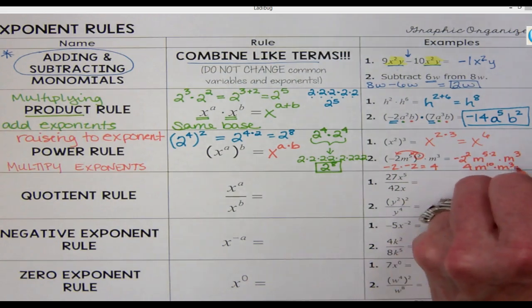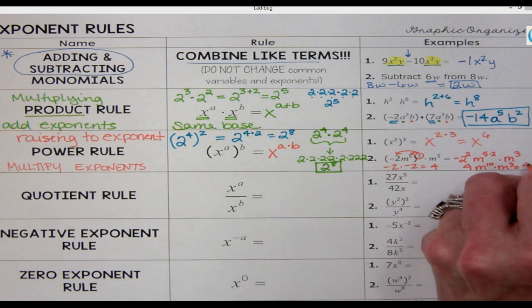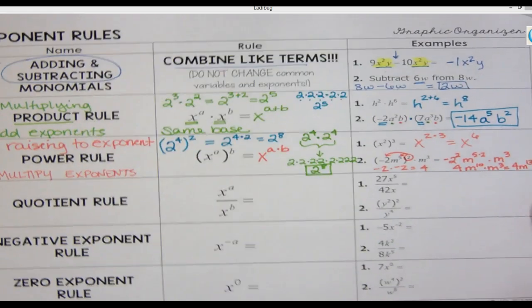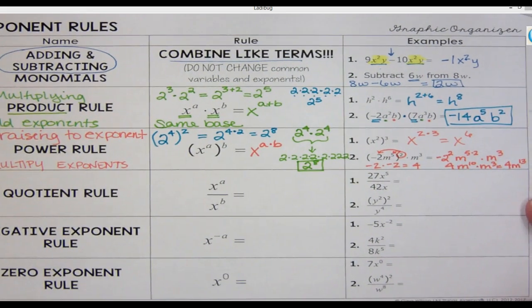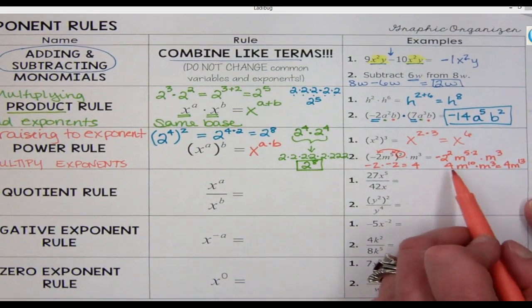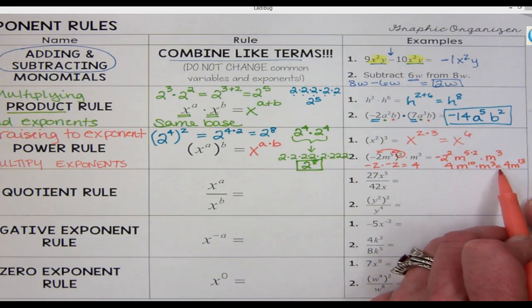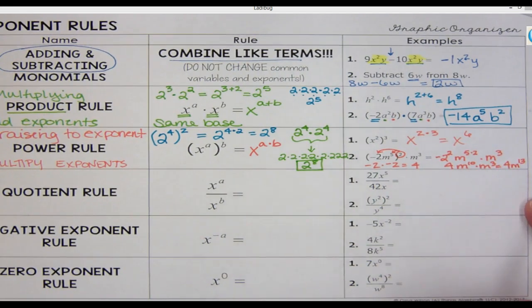So when I simplify that, I'm going to have 4m to the 13th. You can see that: 4m to the 10th times m to the third is 4m to the 13th. Okay? All right.